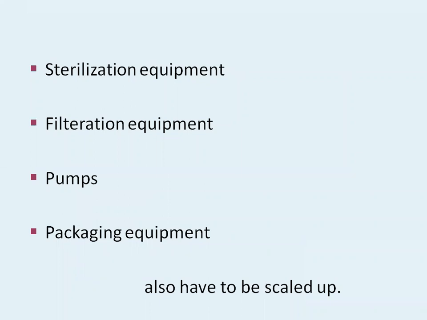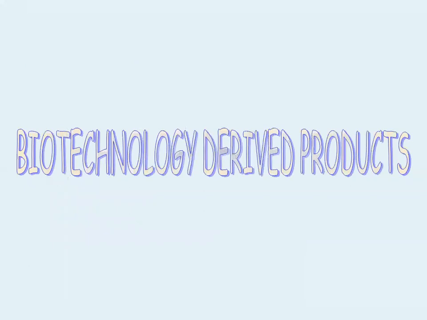Then packaging equipment, we have to scale up that packaging equipment. In the pilot plant, we will have a small packaging equipment, but in large scale, automatic machines are there, which we use for the packing of parenteral dosage form.